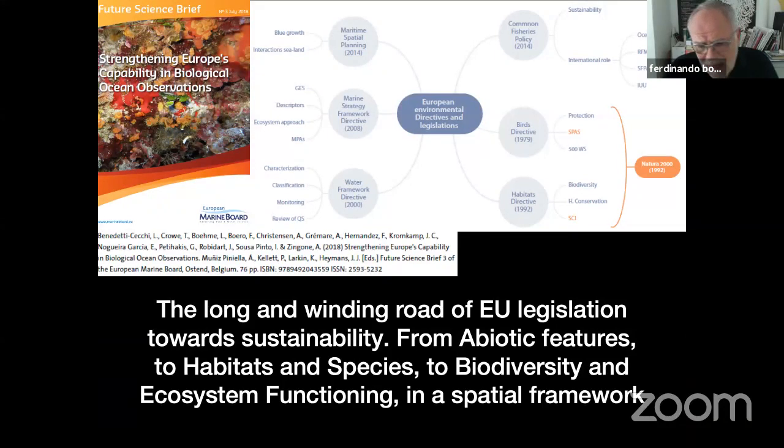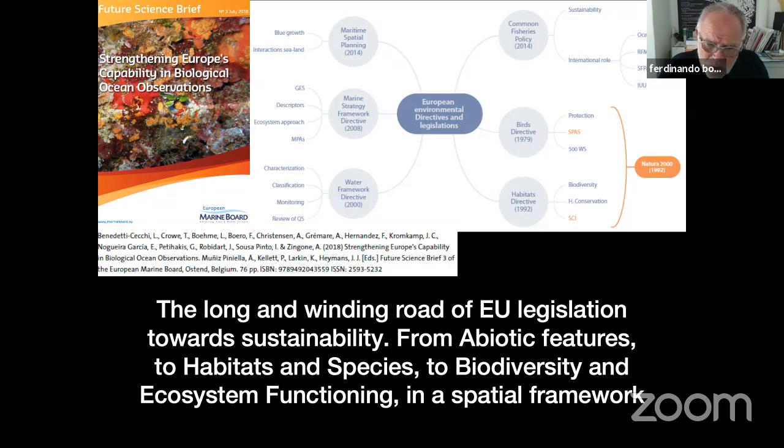The policy of the European Union, as is explained in this other publication of the European Marine Board, evolved from approaches that were focusing first on abiotic features. Then there was the Habitats Directive with habitats and species. But if you look at the Habitats Directive, the marine habitats are just 9, and there are hundreds of terrestrial habitats.